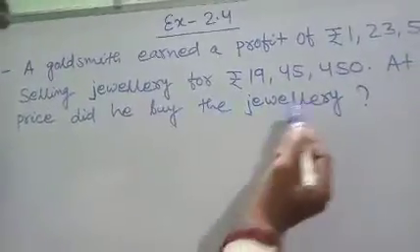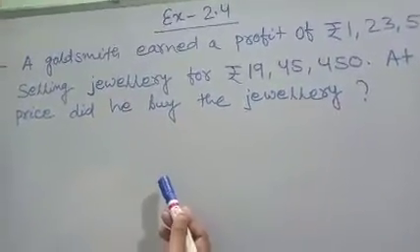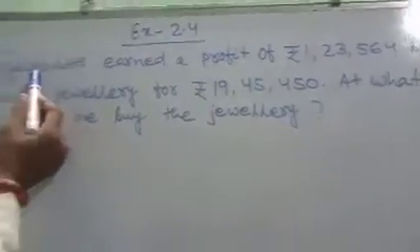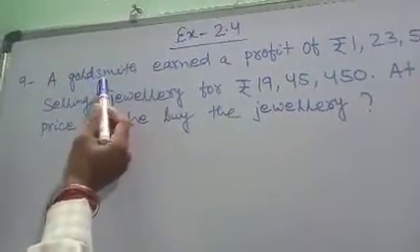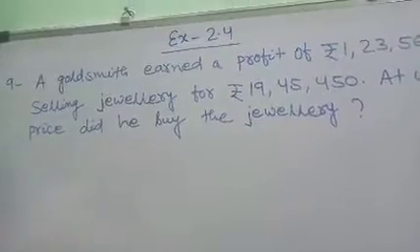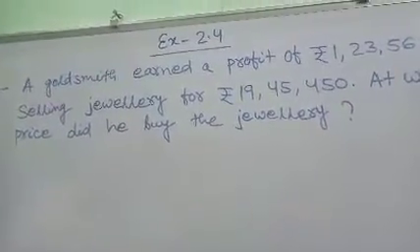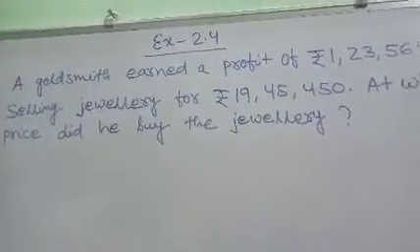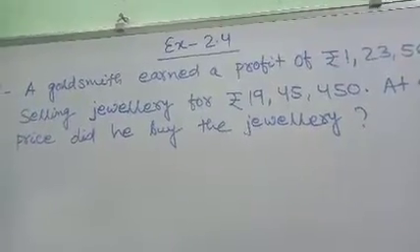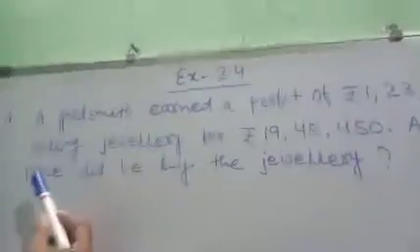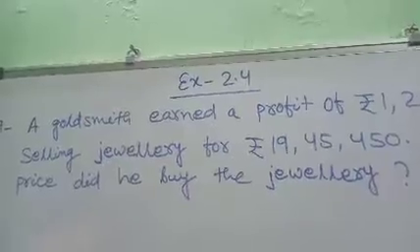At what price did he buy the jewelry? Jewelry means, as you know, the ornaments, ring, necklace. Goldsmith means those who make or repair gold ornaments. So look at the question carefully.